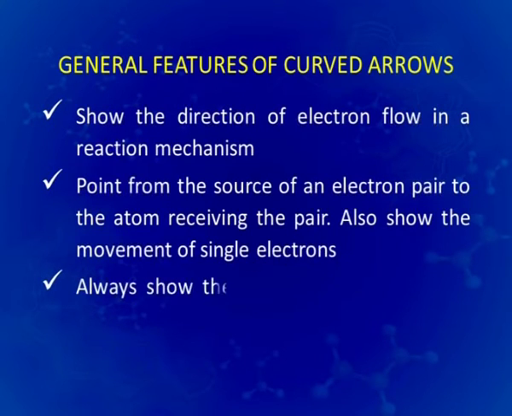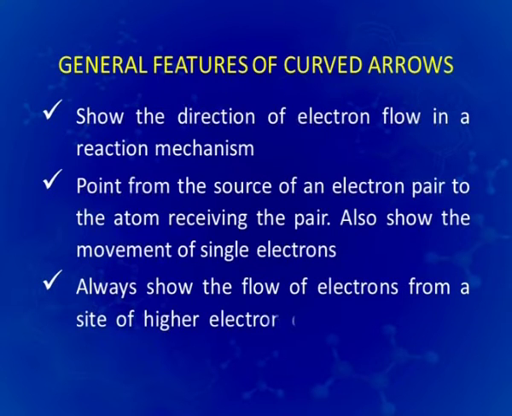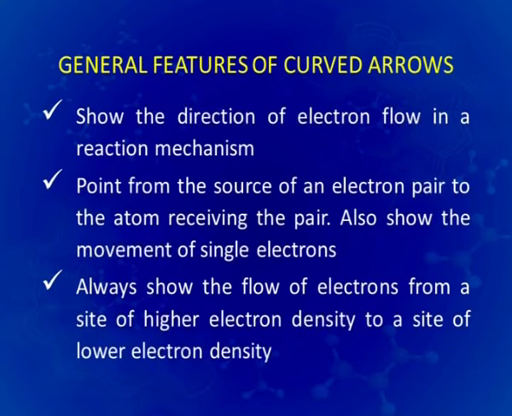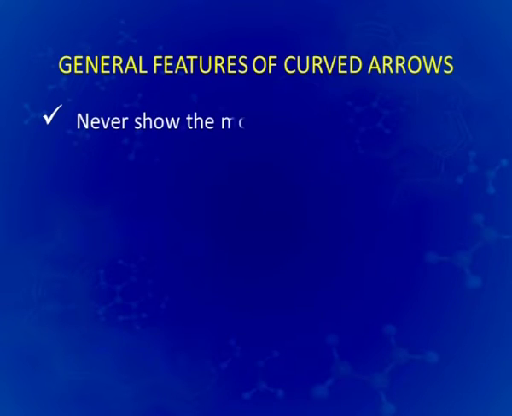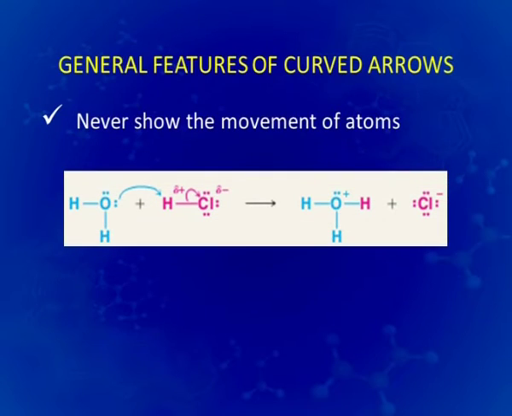These generally show the flow of electrons from a site of higher electron density to a site of lower electron density. But they never show the movement of atoms. As you will see when we do more and more organic reactions, the atom is never shown moving with the curved arrow.